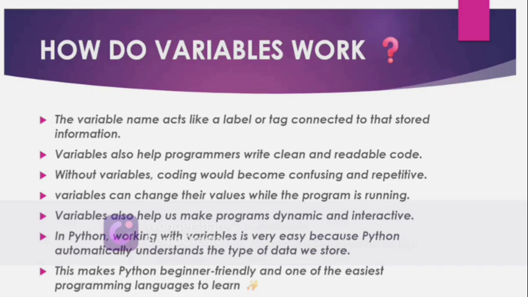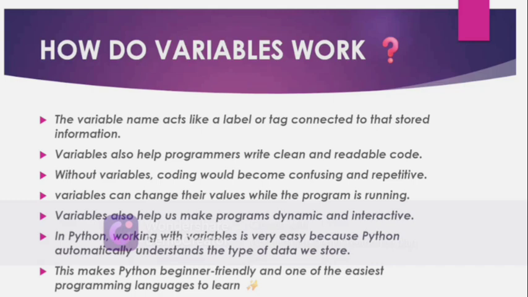Yes, we can change the value while the program is running. Variables also help us make programs dynamic and interactive. What does this mean? For example, games, apps, websites, calculators, AI systems, and many other technologies use variables continuously to store information and update information.